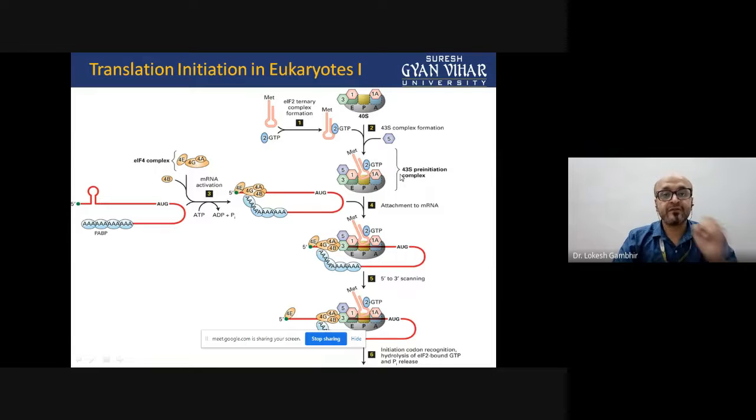When somebody asks you what is 43S, you should understand that it is simply the 40S ribosomal unit along with all the initiation factors like 1, 1A, 3, 5, and methionyl tRNA.